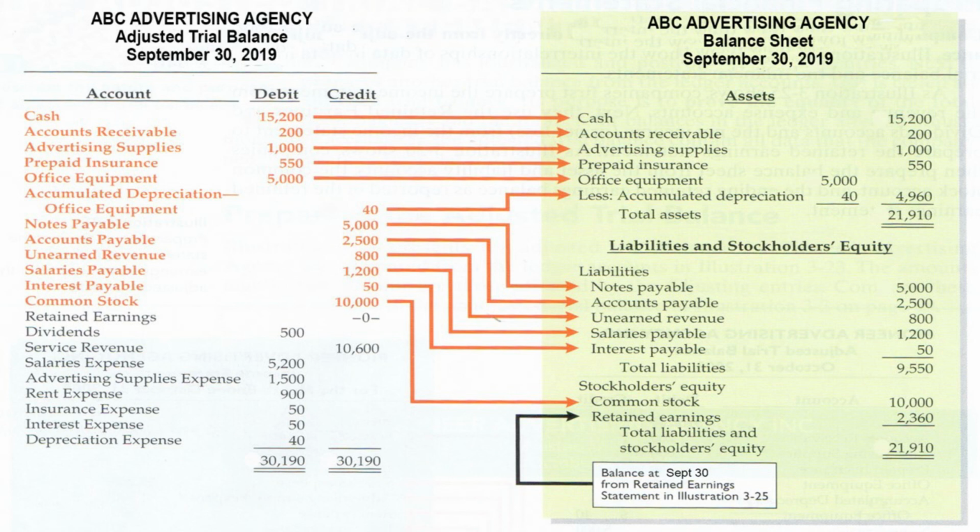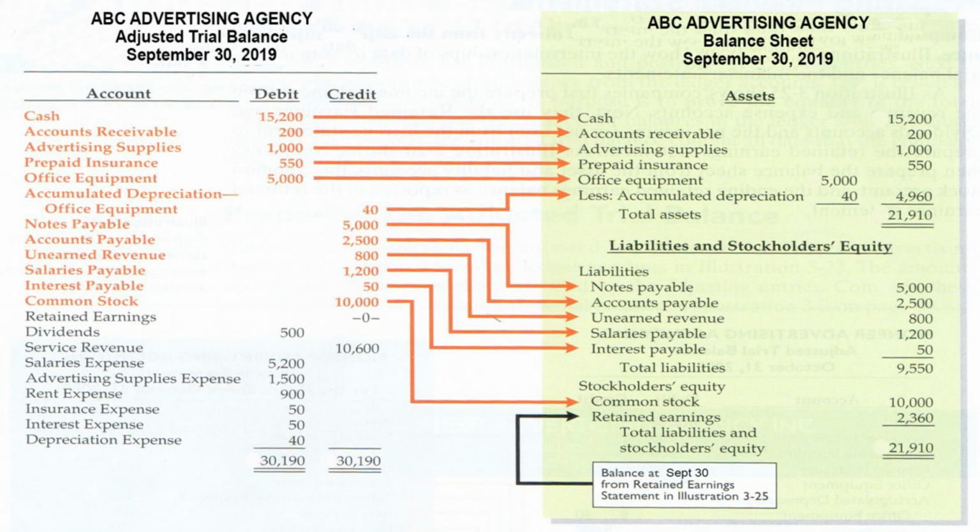No? So, ano-ano yung mga account na nasa balance sheet natin? We have the assets and we have the liabilities and stockholders' equity. No? Saan siya manggagaling? So, yung assets natin, manggagaling sa adjusted trial balance natin na nasa debit side. Kasi assets siya eh. Diba yung ating equation sa accounting, assets equals liabilities plus stockholders' equity.